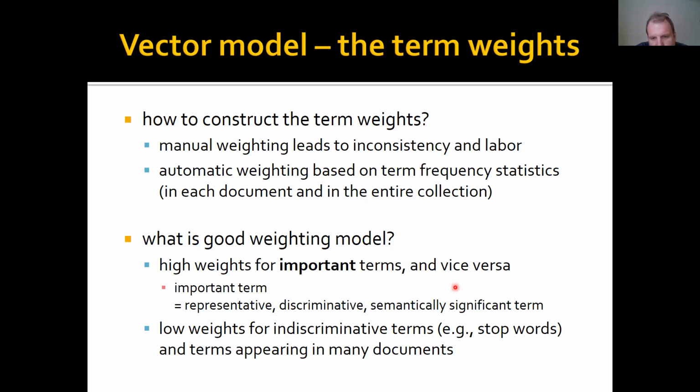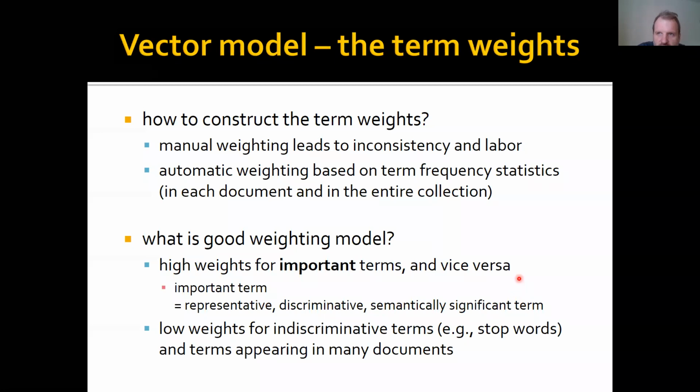And so the problem of reducing very frequent but insignificant words, like stop words, must be solved either in the pre-processing, so getting rid of the stop words before we start to weight, or we can make the weighting system more complex and also involve this aspect of redundant words.